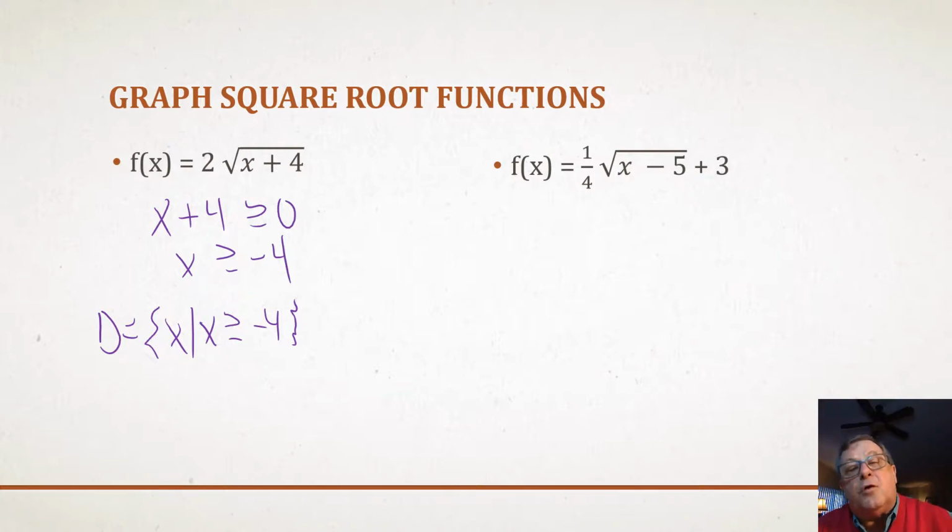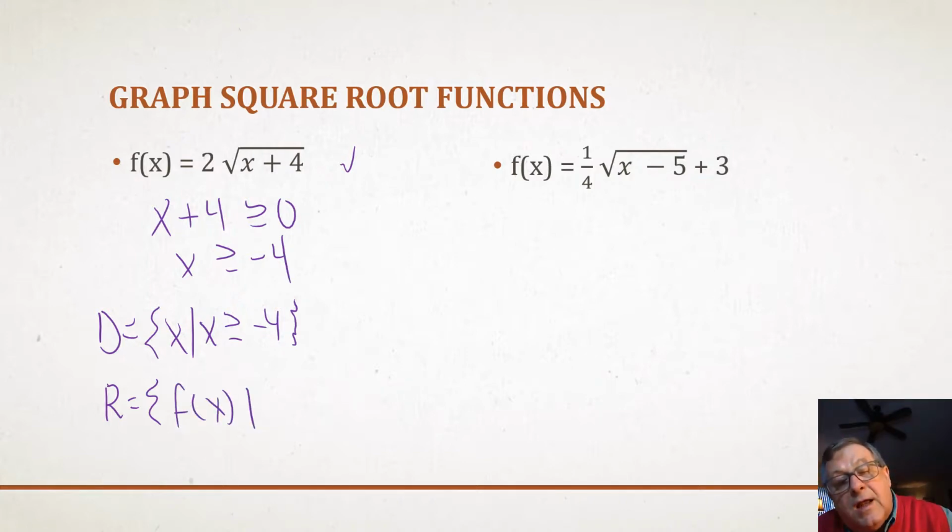Now I don't have any vertical shift out here. This 4, by the way, is going to give us a horizontal shift of the graph of the square root function 4 units to the left. But my range is still going to be, and we're going to use f of x here, f of x, or y, such that f of x is greater than or equal to 0.